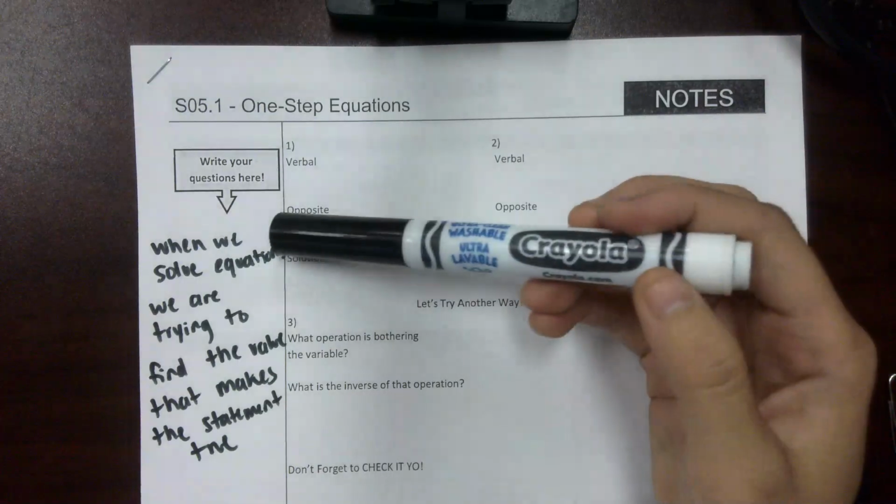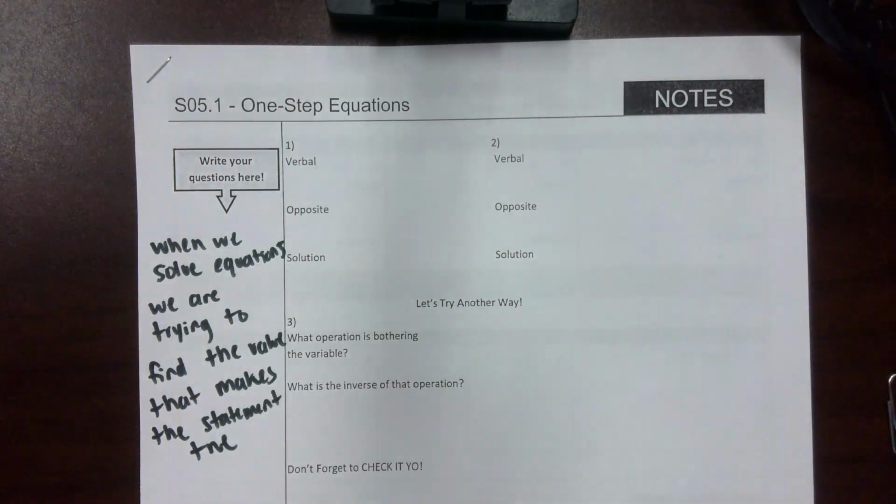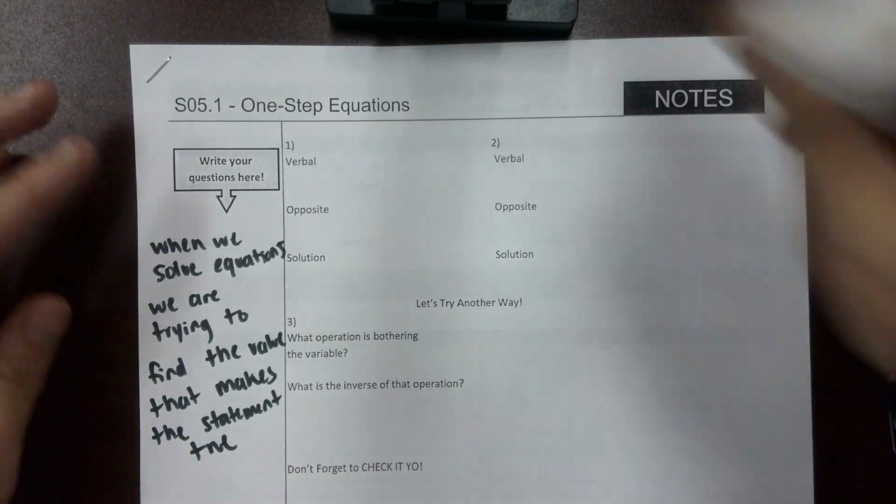Okay, so when we solve equations, we are trying to find the value that makes the statement true, right? I think you guys know this instinctively, but we're just putting words to what we do in math.